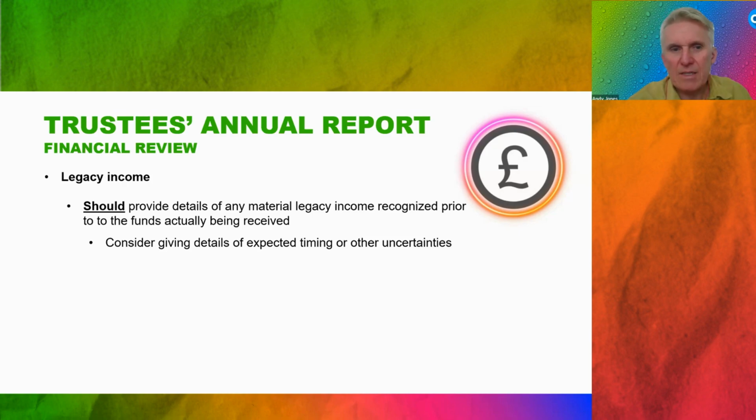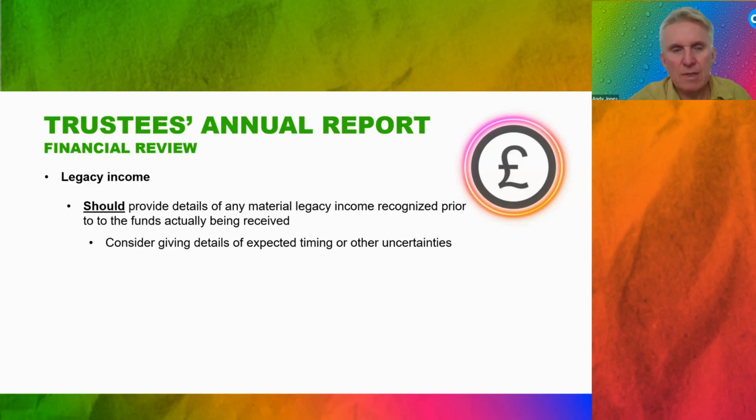Under legacy accounting, in certain cases you can recognise the legacy income in advance of it actually being received. Now, because of the nature of legacy activities, that could be quite significant. So it could show that your funds at the end of the year are quite significant, but the cash funds could be much lower because of this. So it's just important to provide that information.